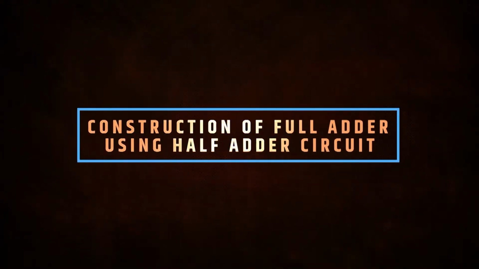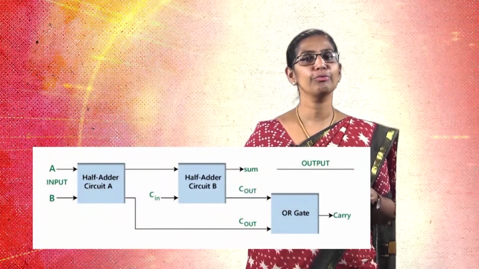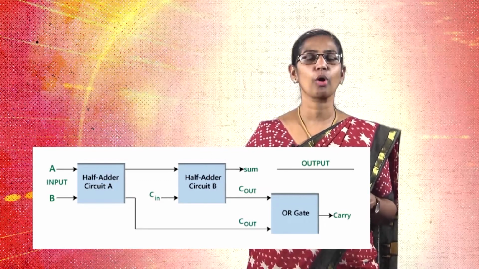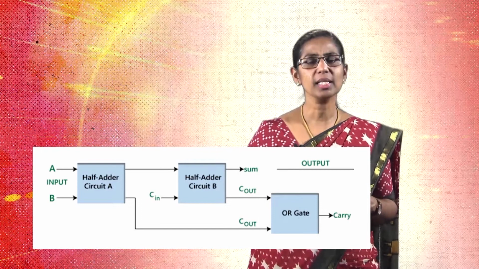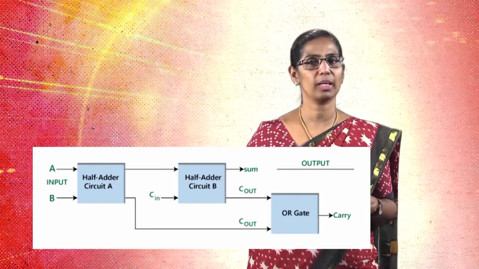Next, construction of a full adder using half adder circuits. This block diagram describes the construction of a full adder circuit using half adders and an OR gate. In this circuit, there are 2 half adder circuits and 1 OR gate.